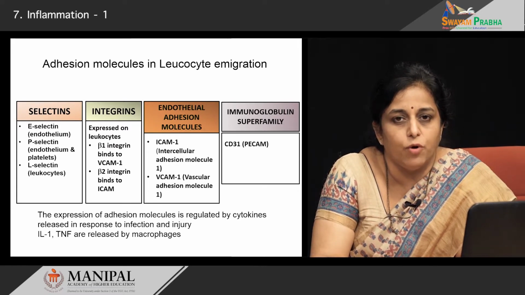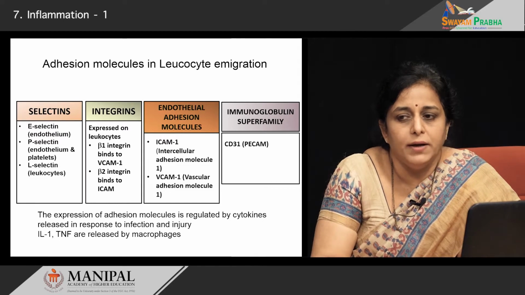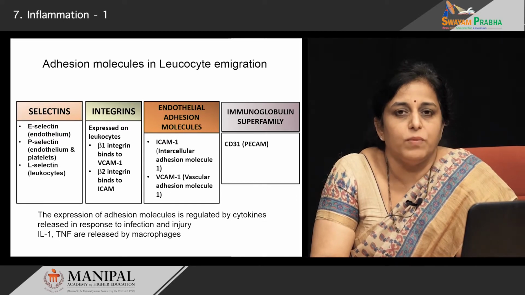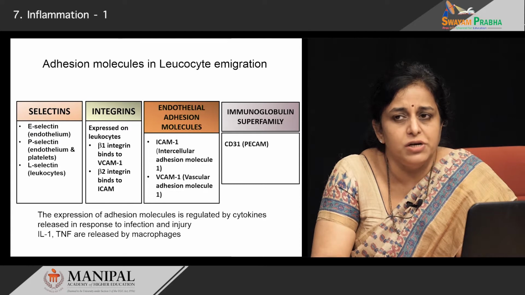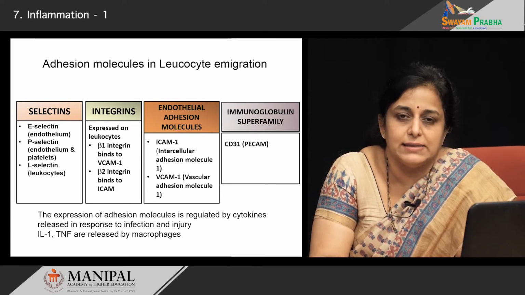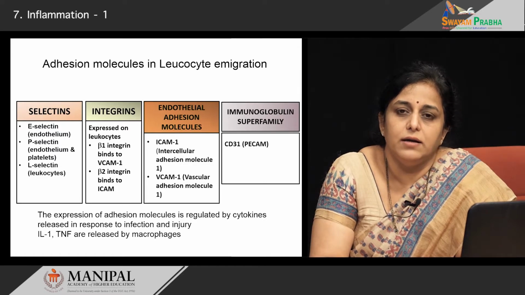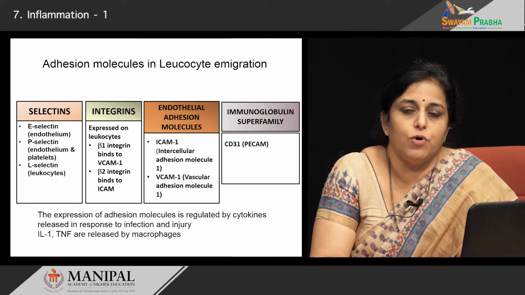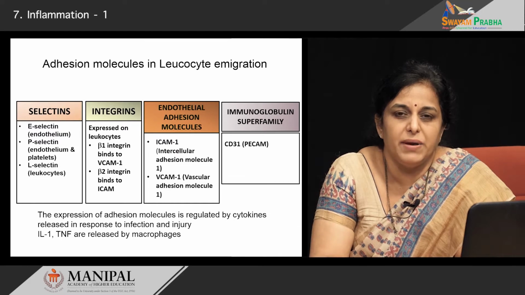Most important among them are interleukin-1 and TNF. These are released by macrophages at the site of inflammation and cause the expression of these various adhesion molecules like selectins, integrins, intercellular and vascular adhesion molecules on the endothelial cells, PECAM, etc.